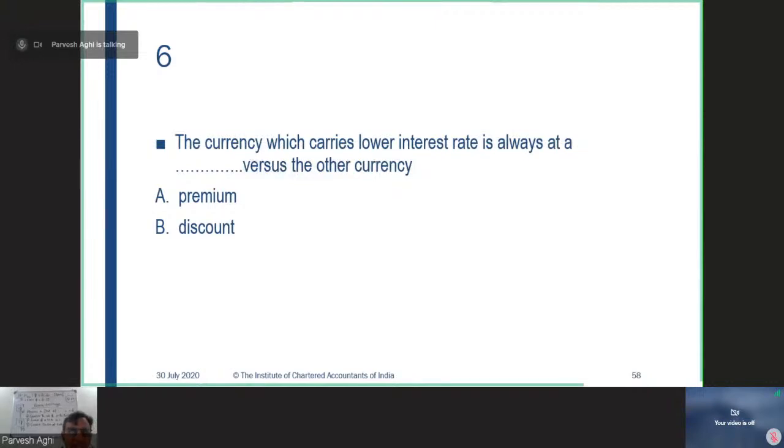The currency which carries a lower interest rate is always at premium or discount versus the other currency. Yes, 6A, it's a premium. Very good. Somebody has written 6th B, no. A is the right answer. Most of you have given the right one.